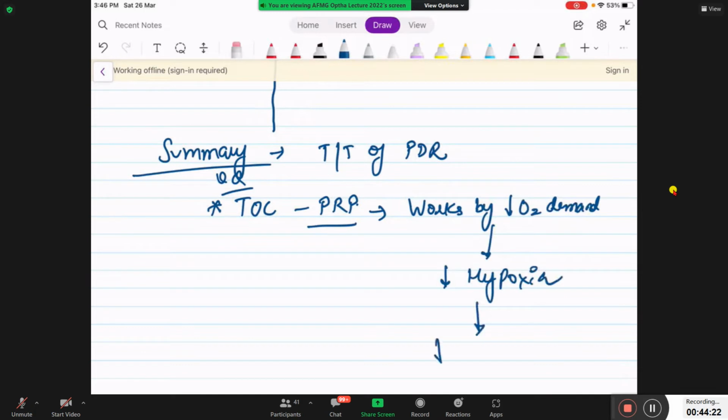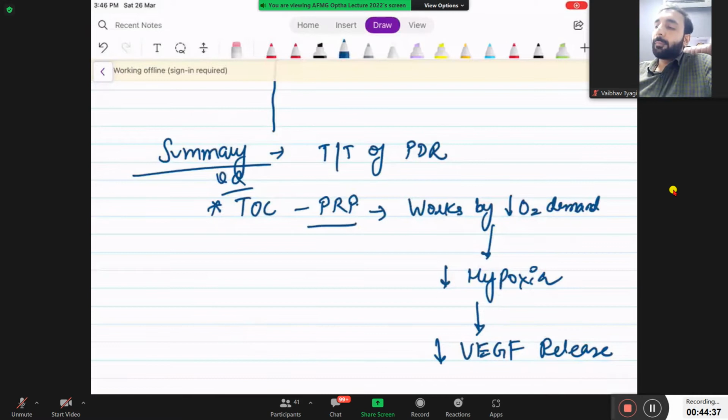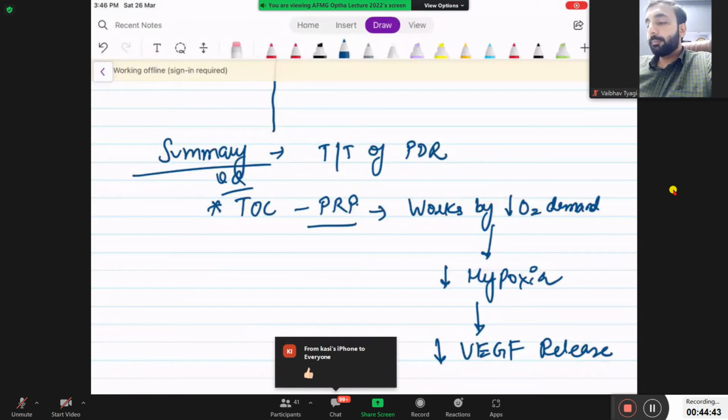And which in turn decreases the VEGF release. Okay. This much is clear? We are decreasing VEGF. Give me a thumbs up if it is clear. In pan-retinal photocoagulation, we are making the tissue anoxic by decreasing the hypoxia and decreasing the oxygen demand.